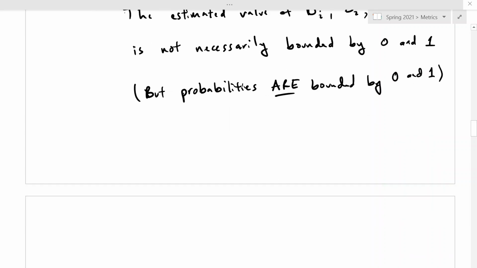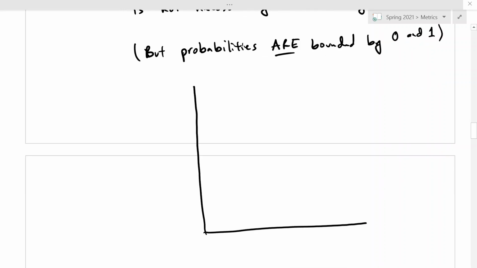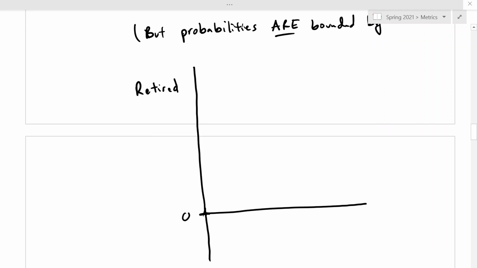And to make this point a little bit more clear, let me show you an example graph. Let's suppose that we're modeling whether or not somebody is retired. Here's 0, and let's say here is 1.